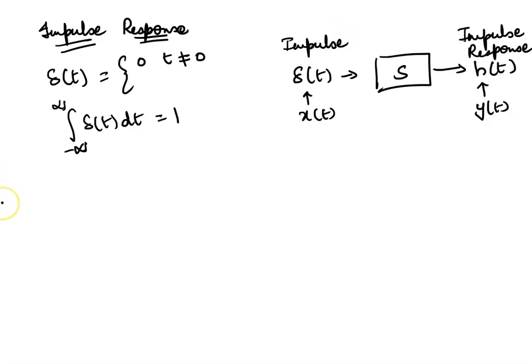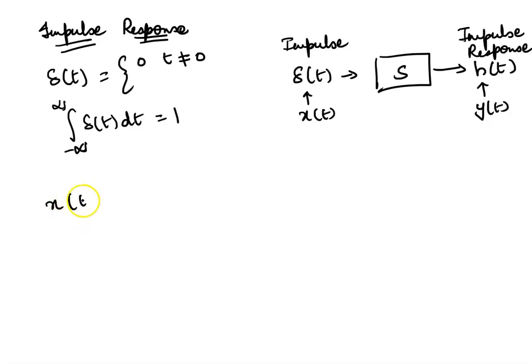So why is h of t very important? In general, what we say is if the impulse response of any given system is known, then the output response y of t for any arbitrary signal x of t can be known, provided the signal can be decomposed into elementary impulse signals. Let me repeat it again. Here, what are we saying?